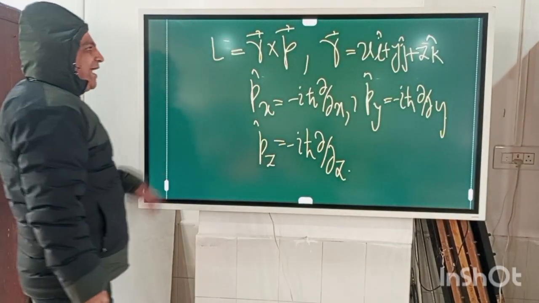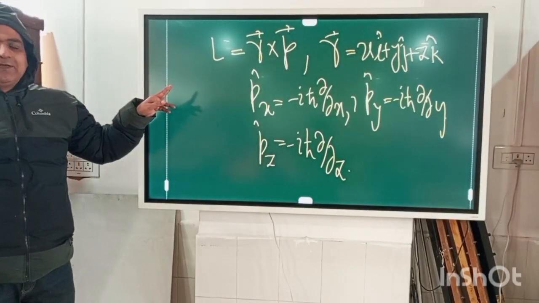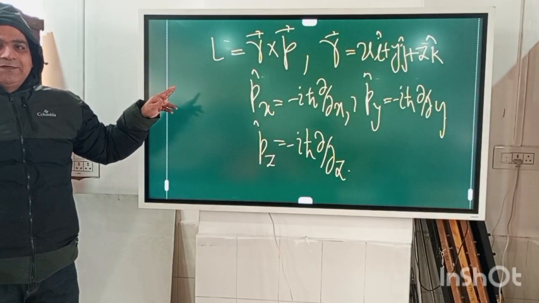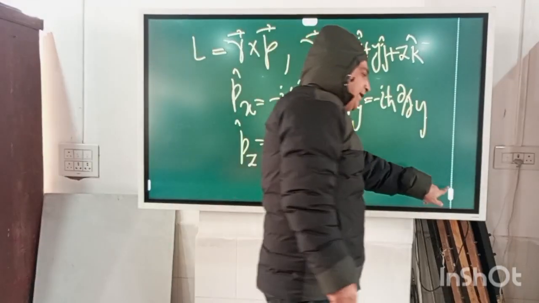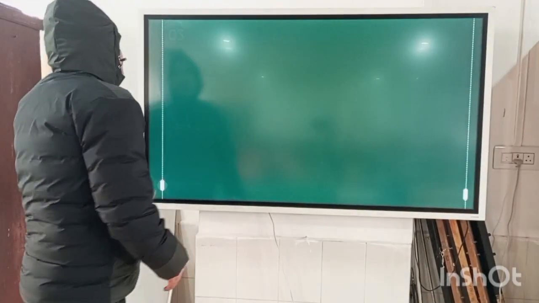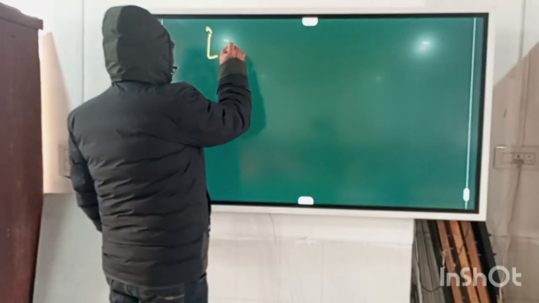I want to calculate this angular momentum operator, so I will have to write down the determinant. I'll put a cap on L because I'm writing it in terms of operators.